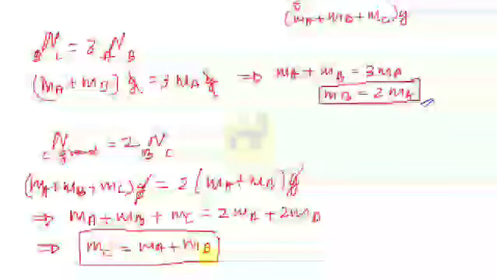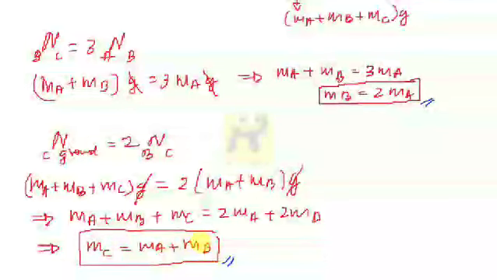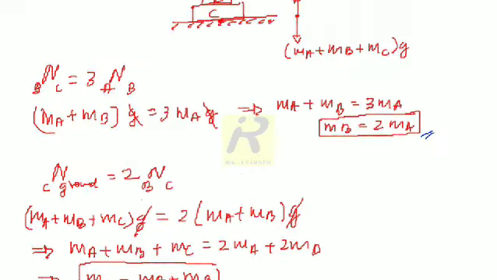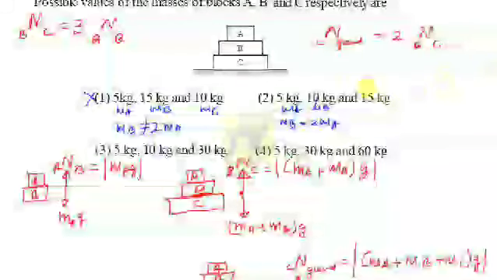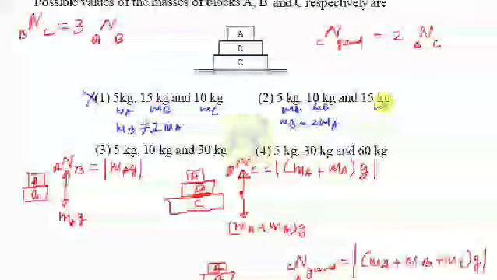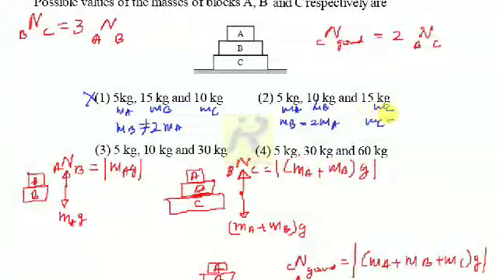MC must be equal to MB plus MA. So MC must be equal to what? This one and this one. It is 10 plus 5, right? So it is true. So MA plus MB is also true. So that means this option is correct.